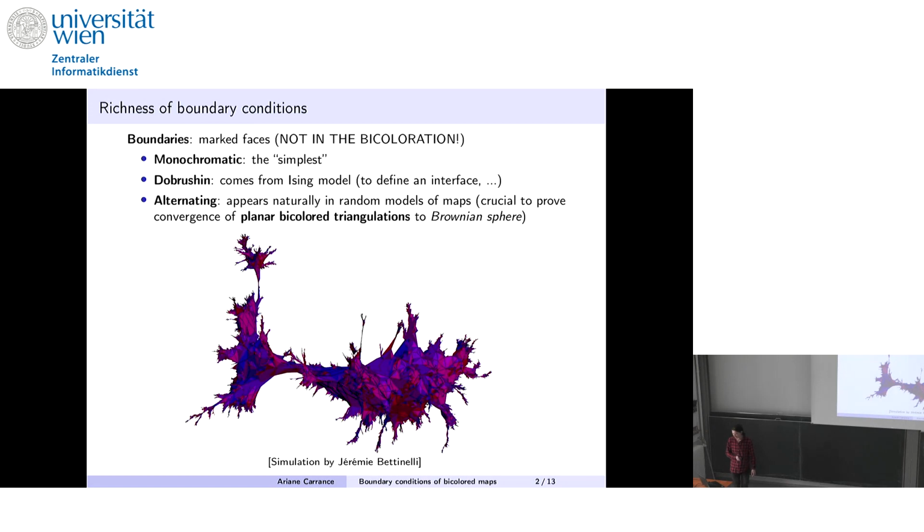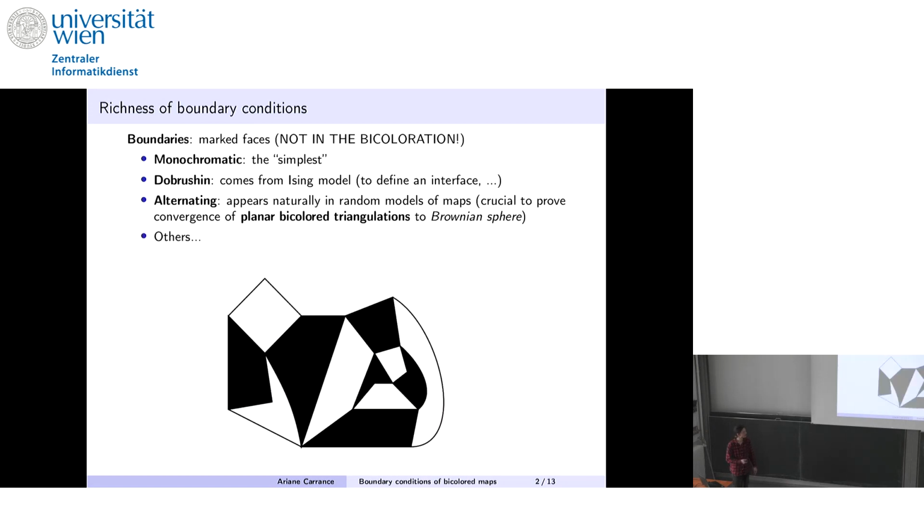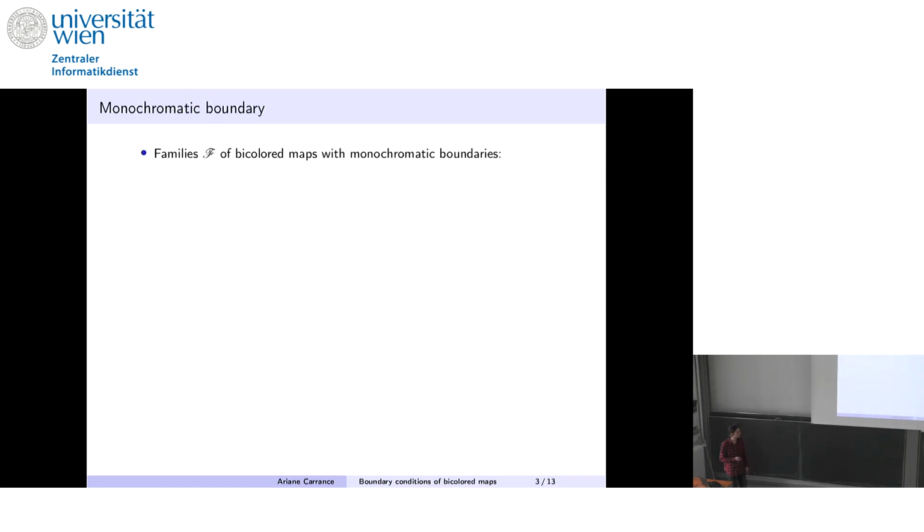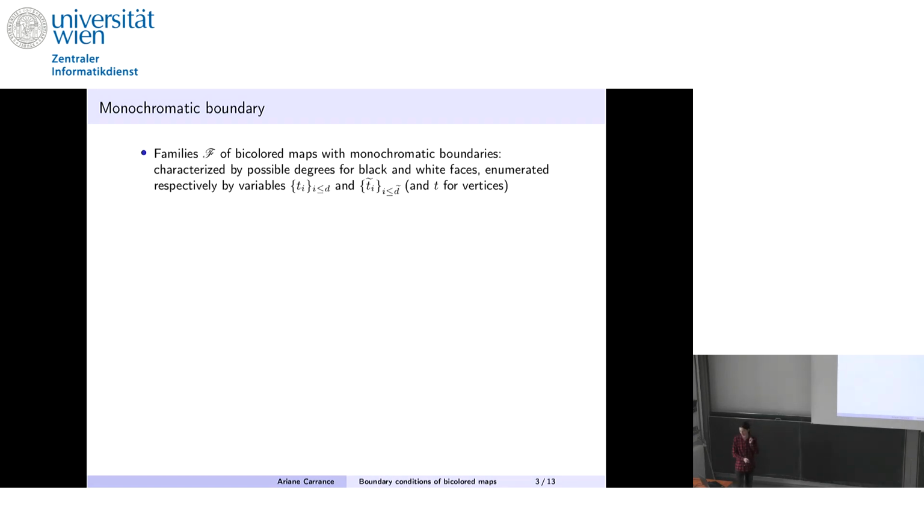But let's get back to our bicolored maps. So I will recall a few important results on the monochromatic boundary condition. For that, I will use a bit of notation. As I said before, I characterize some family of bicolored maps with the possible degrees for the black and the white faces, Ti and T tilde i.